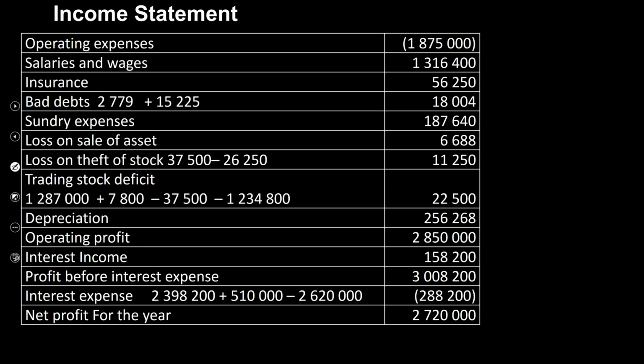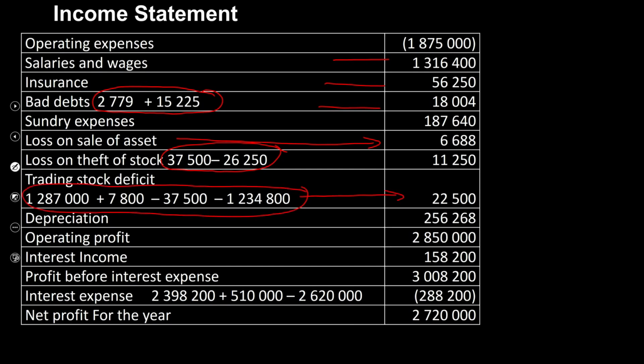Then you took the operating expenses: salaries and wages, insurance, bad debts. All of these, we did the adjustments. There's the calculation. There's your loss on theft. There's your adjustment. Remember the loss on sale of asset as well. We've done the adjustment. Here's your trading stock deficit. We've done the adjustment as well. And obviously the depreciation, we've shown you the calculation.